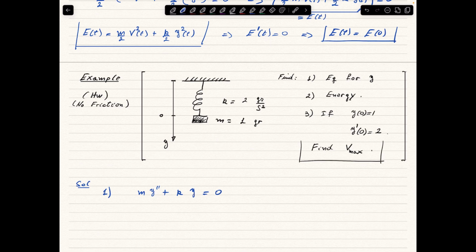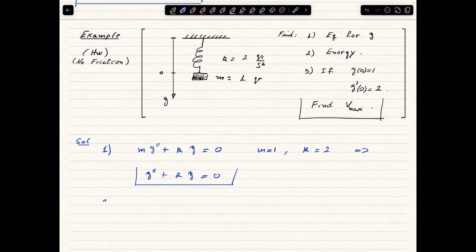We are given the spring constant and the mass, so they are saying mass is equal to 1 gram, and always check that the units are the same. k is 2 grams over second squared, so the same units, grams and grams. And then the equation is obviously y double prime plus 2y equals 0. That is not difficult at all.